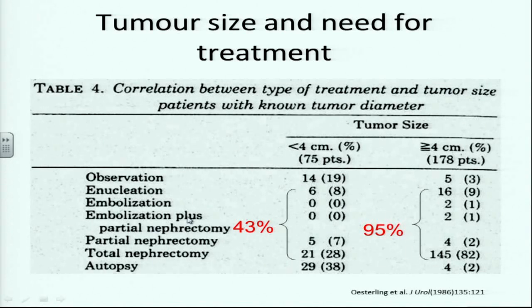And what you can see, so less than 4 centimetres, about 43% required intervention. But when there are more than 4 centimetres, almost all of them had some form of intervention.